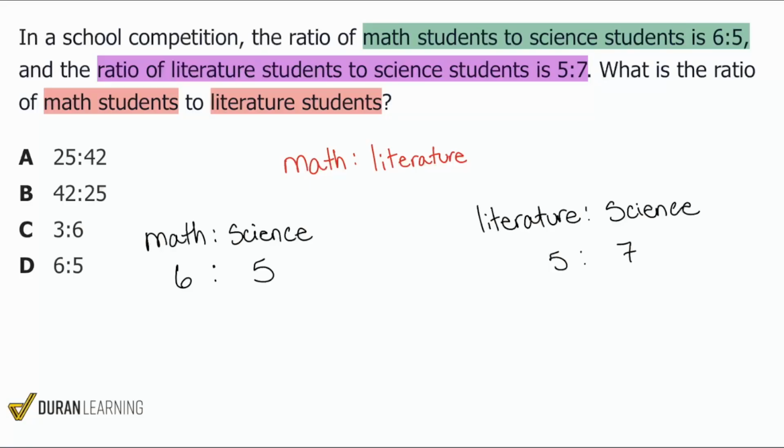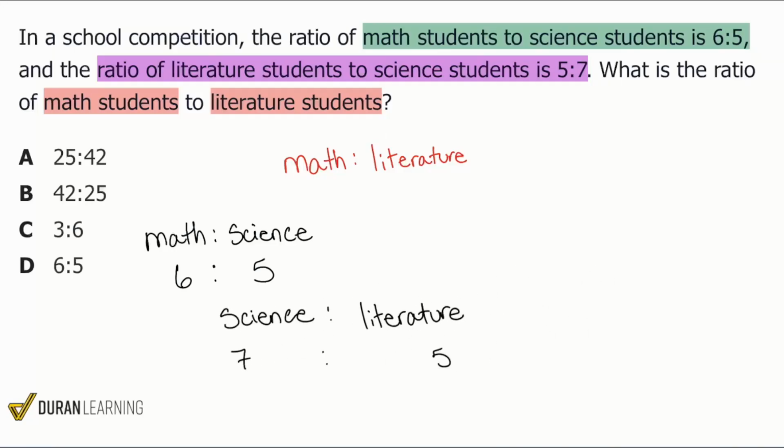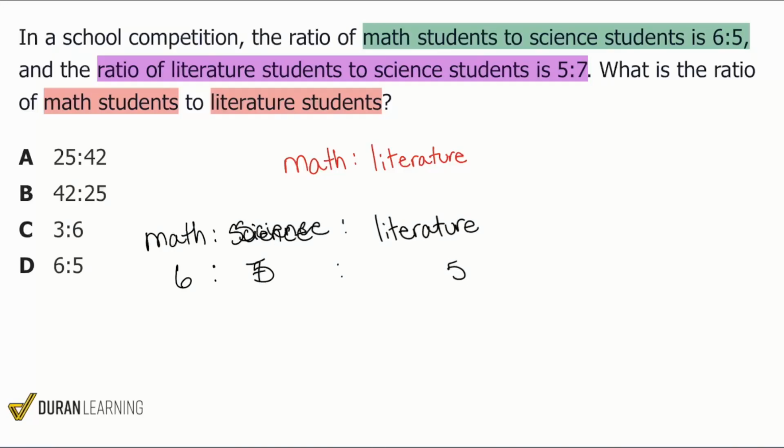They both have science. What does that mean? That means if I can get the same number on science, which I don't have at the moment, I don't. Let me show you this. Let me go ahead and take the literature and swap it out with science, so it's on the left side. Let me show you this, everybody. If I were to put these over each other, are the numbers for science the same?